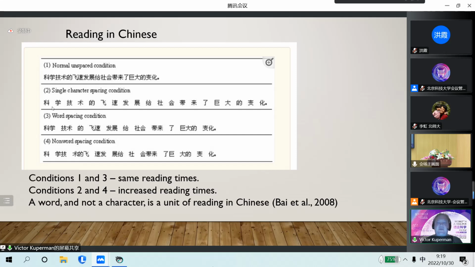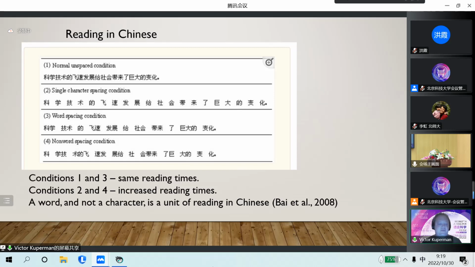The second condition separated every single character by a space, which of course is not really respecting the usual way of writing in Chinese. A third condition respected the boundaries between words, right? So what was separated by spaces were expected word units.